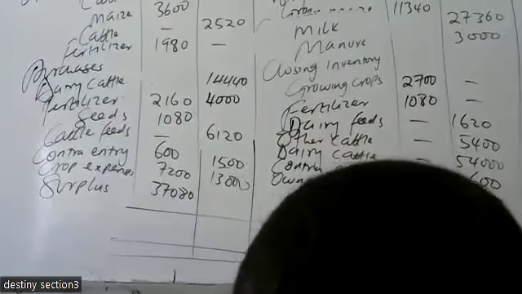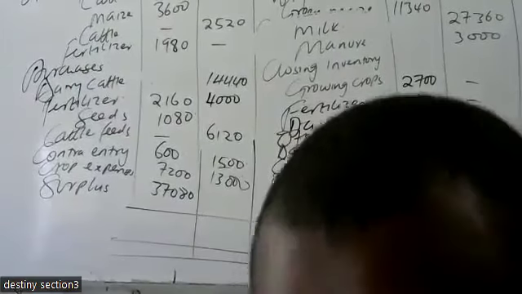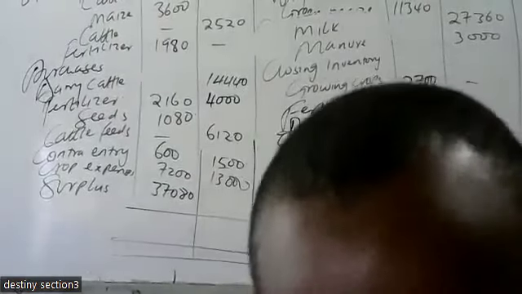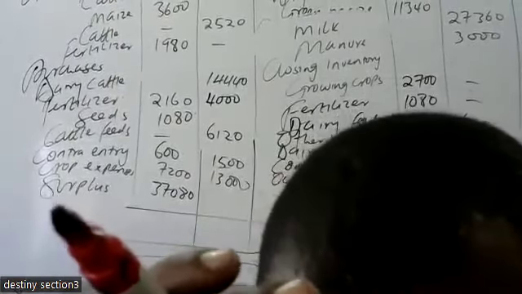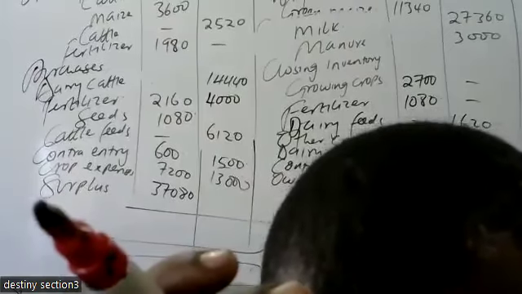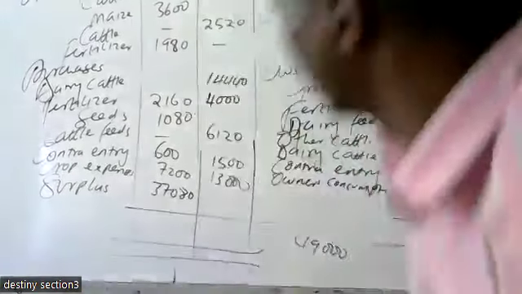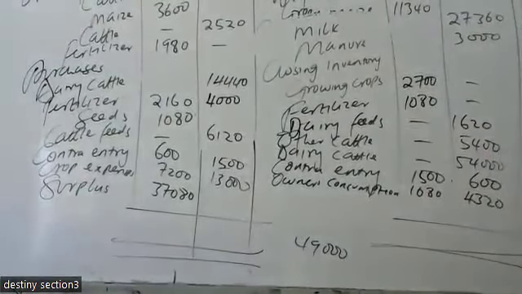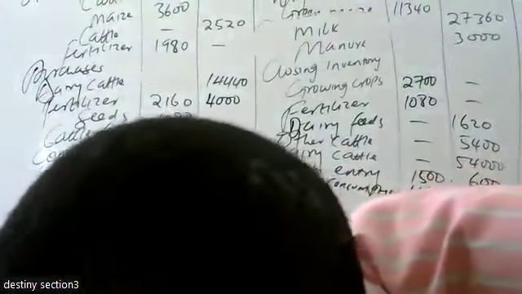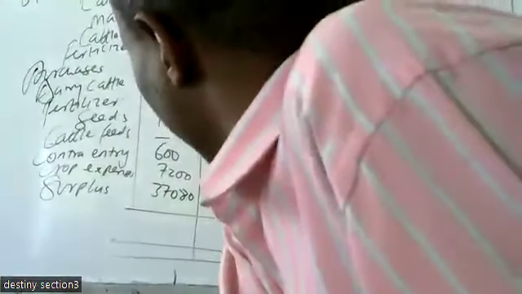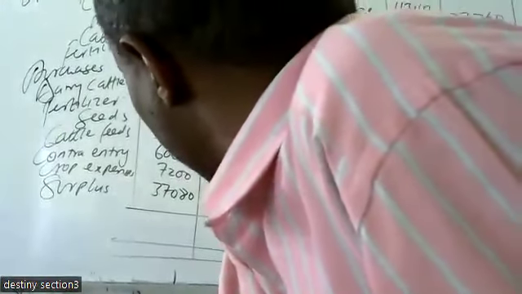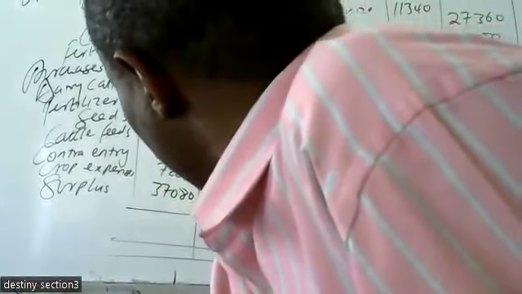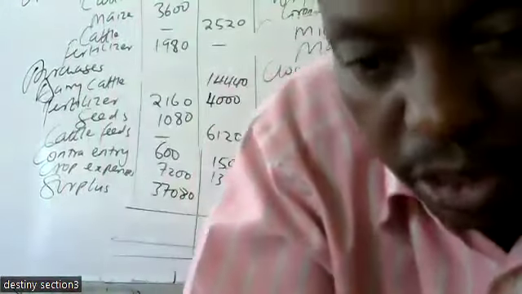Is there any item like maybe a finding of 4,000 shillings? The only 4,000 is the fertilizer for Napier grass, but we've already accounted for it on the purchases. We did not have workers' consumption.